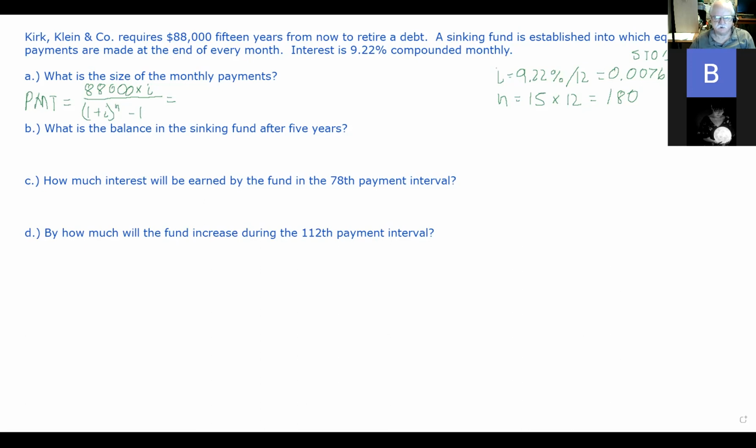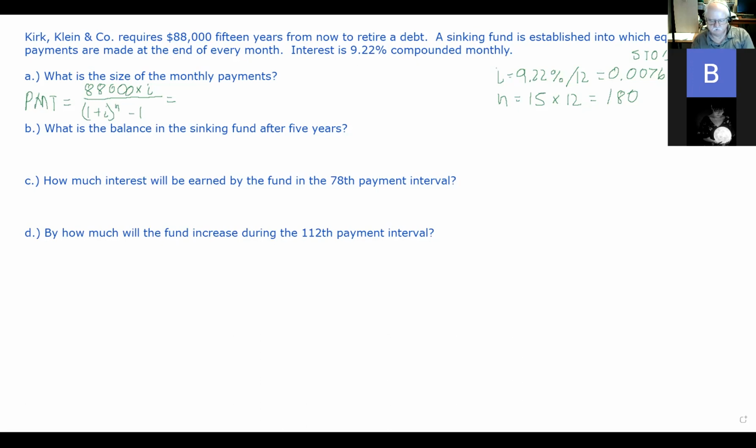I've written down the interest wrong. 9.22. Helps if you write down the correct numbers.